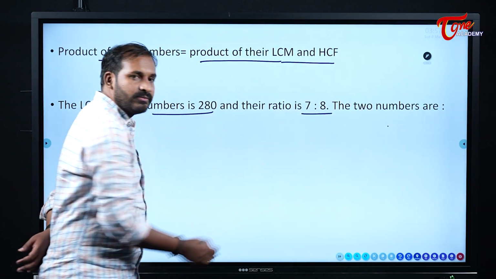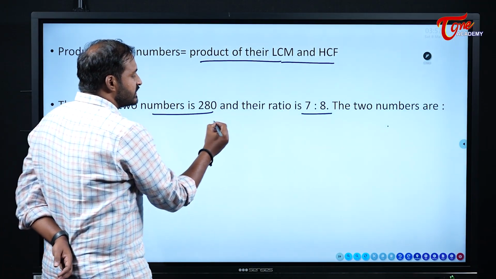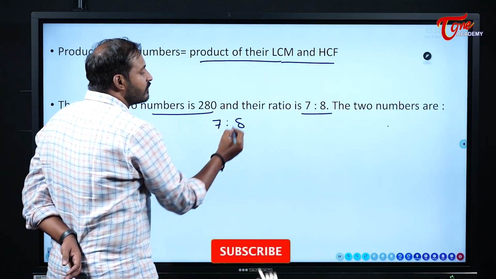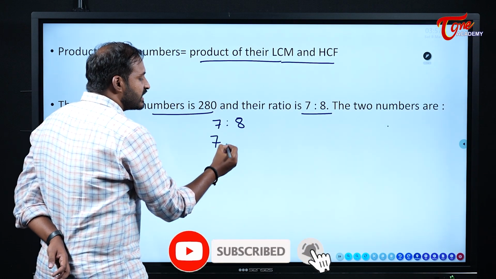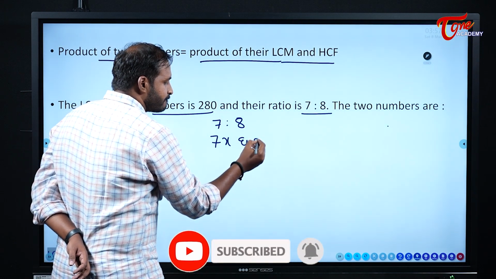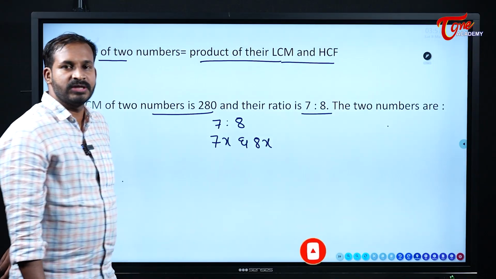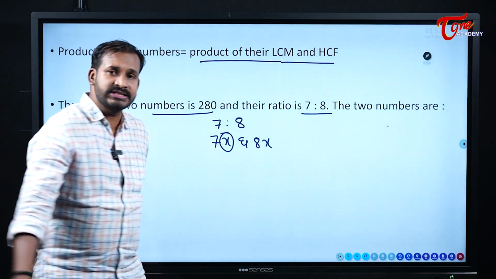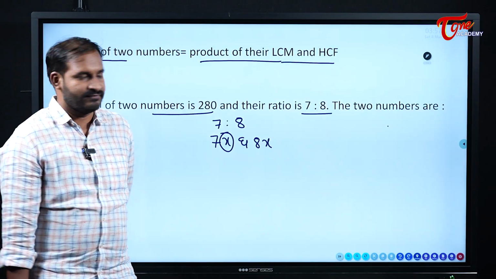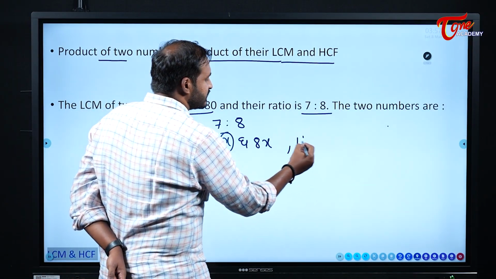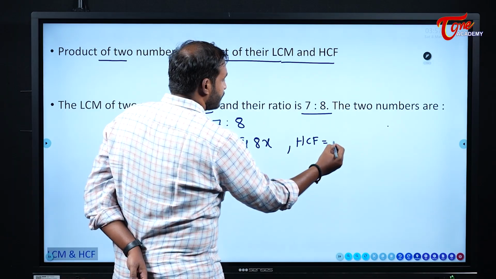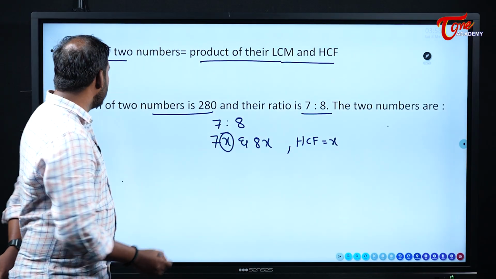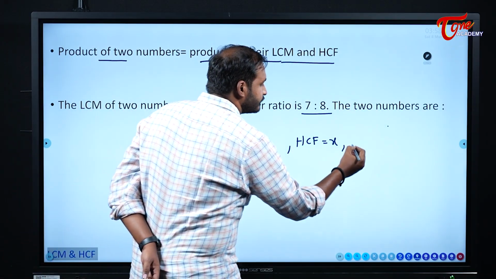They have given us the ratio 7:8, so we assume the two numbers as 7x and 8x. As we discussed just now, x is nothing but the HCF. So here the HCF is x, and the given LCM is 280.